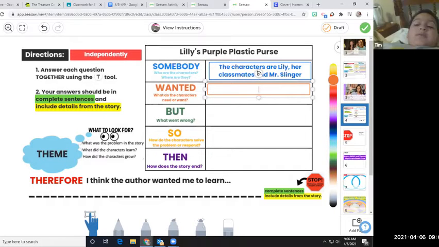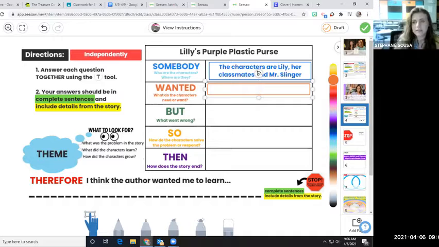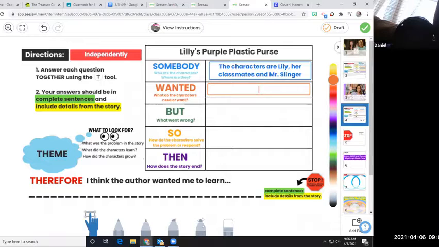All right, wanted. What did the character want? She wanted to show her bag and the stuff that was in it, but her teacher, Mr. Slinger, said you have to wait, and she didn't want to, so she did it anyway. That's right.